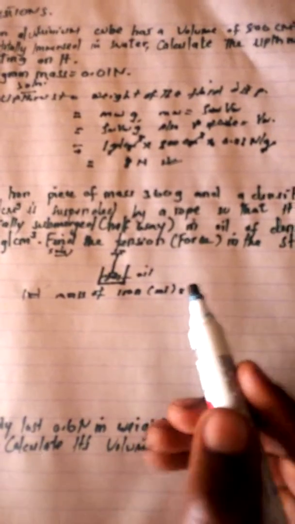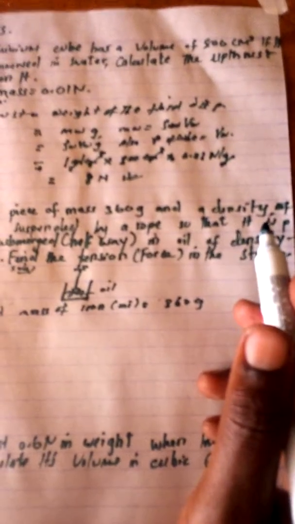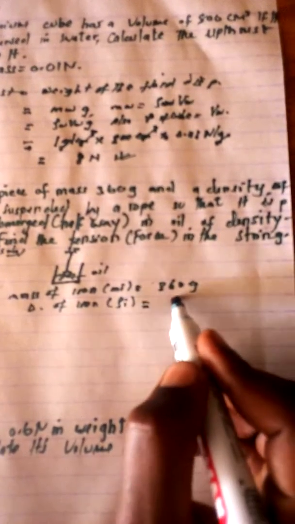Let us say the mass of iron, Mi, is equal to 360 gram. The density of iron, Di, is equal to 6 gram per cubic centimeter.